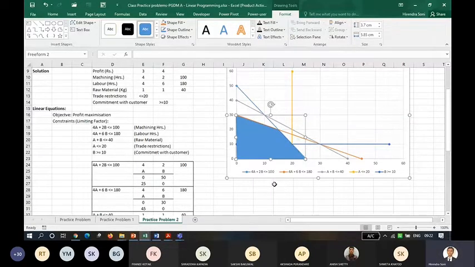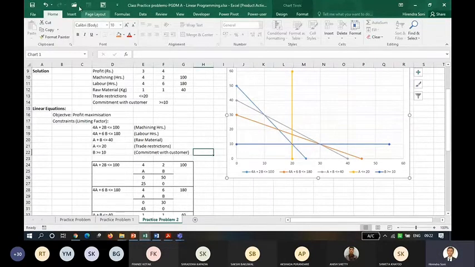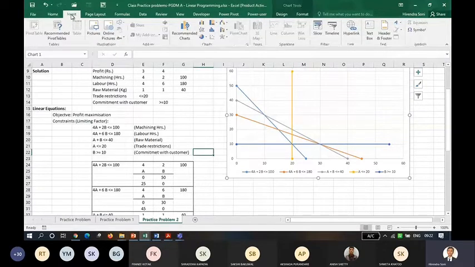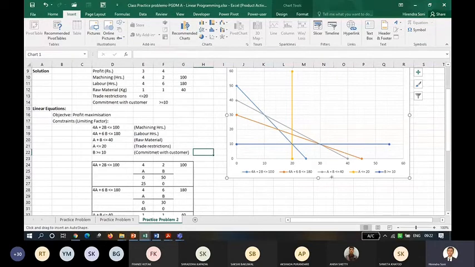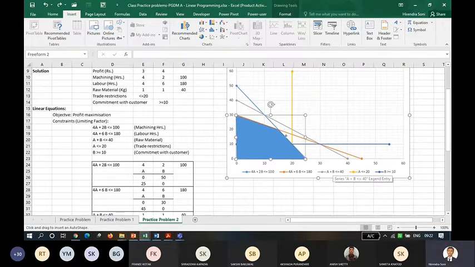Now when I am adding one more, that means this third line, a plus b less than or equal to 40. This is this line. Again it says less than or equal to, so it is talking about the inner side.